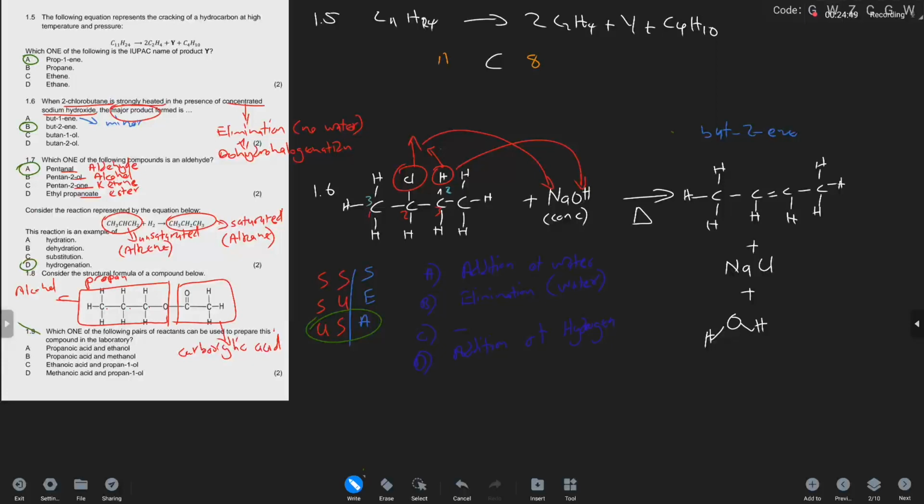So let's see which one will be the best combination. Be very careful then. It doesn't necessarily mean that all the time the first part of the compound is the alcohol and the second part is the carboxylic acid. See the one that contains the carbonyl group, that's the carboxylic acid part, and the one that contains the oxygen only, a substituent, a branch so to speak, that's your alcohol.